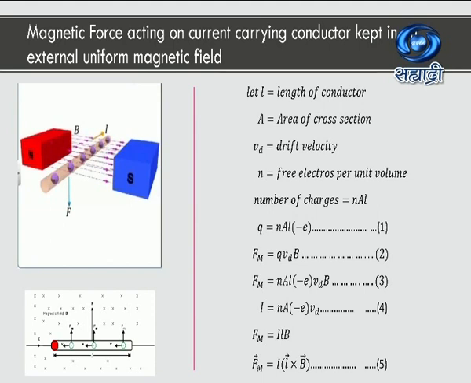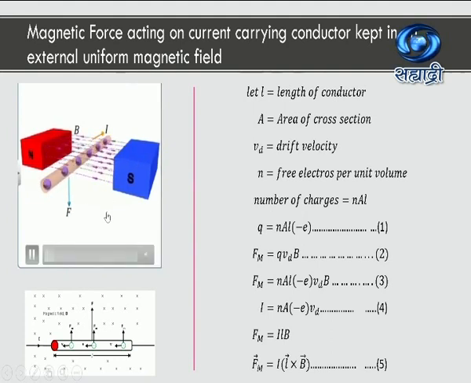So on what factors does that force depend? Does it depend on the length of the rod, density of the charges, the velocity of the charge inside the conductor, the magnetic field? Let us understand in this article. Observe this video carefully.